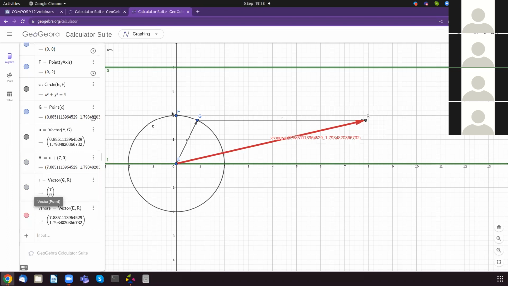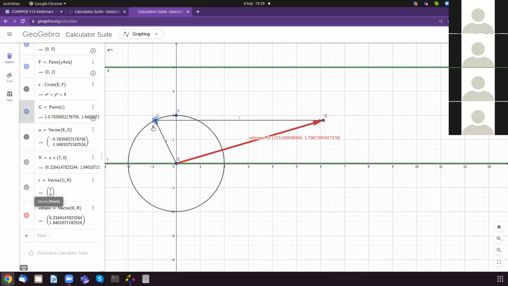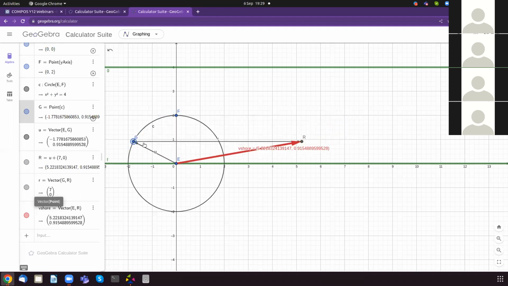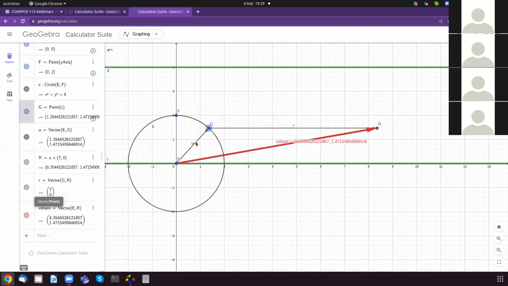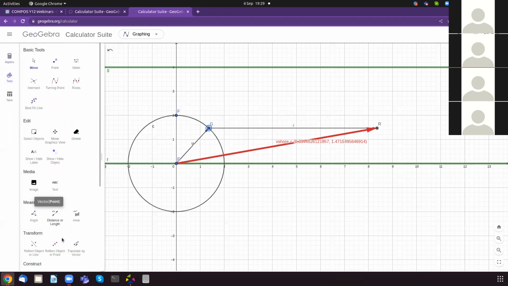Now we can change the way the boat is going. We add this to the flow of the river, and we can see where the boat will end up. One more thing is we can add a ray.